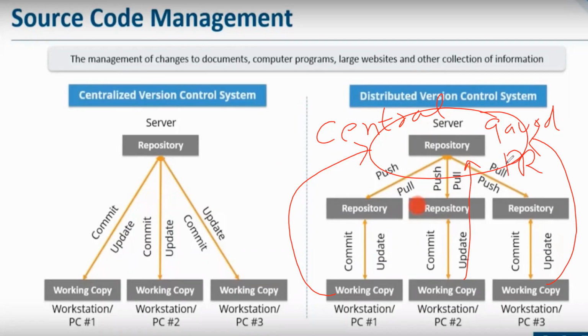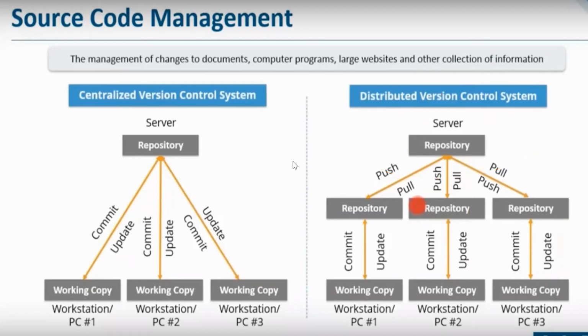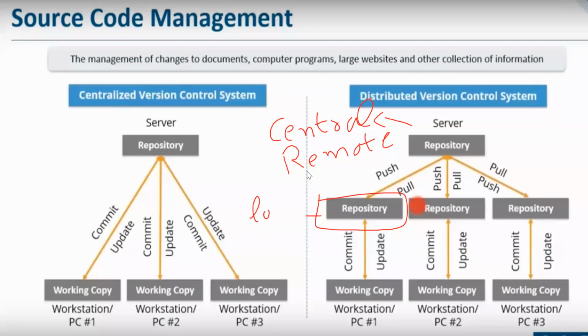Okay, so I will use GitHub. Now what I am going to do is maintain two repositories here, a remote repository, and I will keep a local repository, which is also known as local.